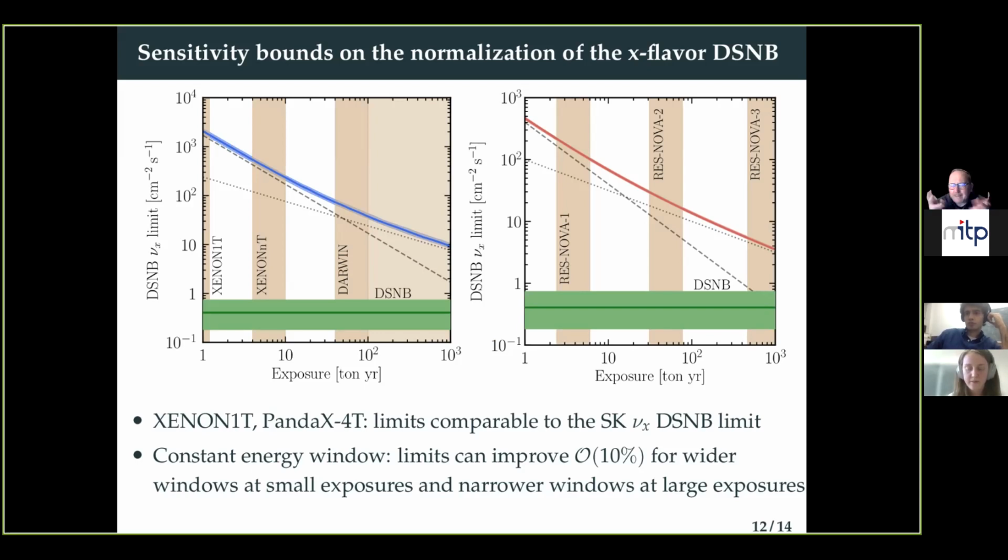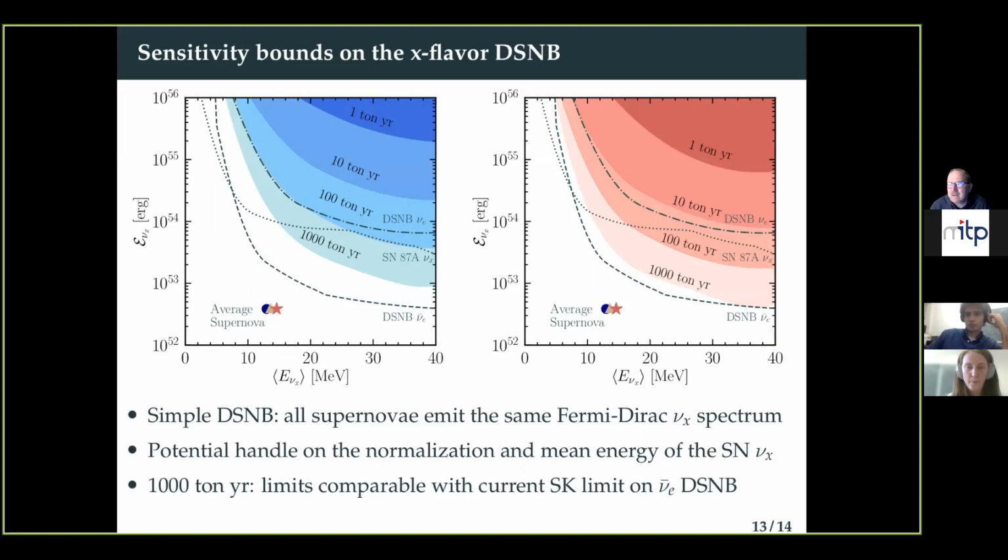So I was a little confused about how you separate the nu X from the nu mu and nu bar. I must have missed it in the talk. In our paper, we set the limits by looking at the increase in the X flavor.